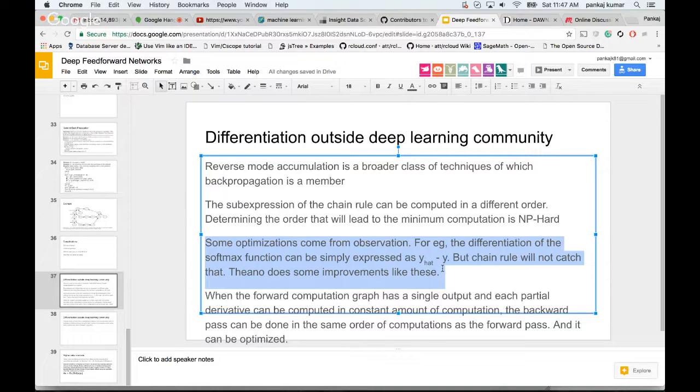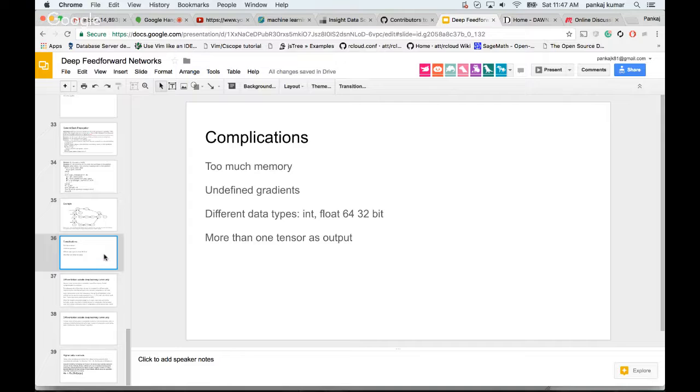It need not have the whole computational graph, but it can be easily differentiated as the output vector minus the training set output. Theano has some improvements like these built in, but others probably don't. That's what the book kind of hinted. So I would guess Theano and TensorFlow seem to be more optimized.